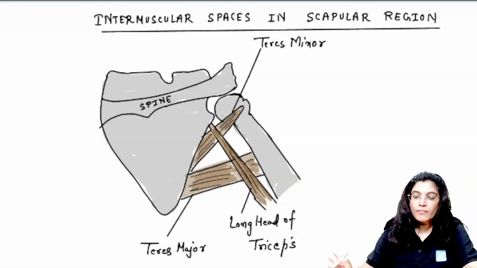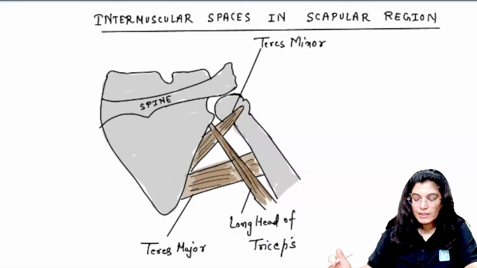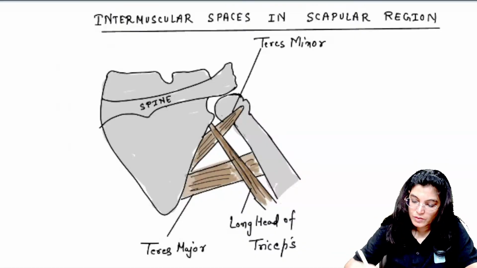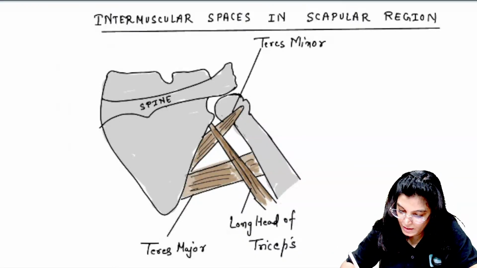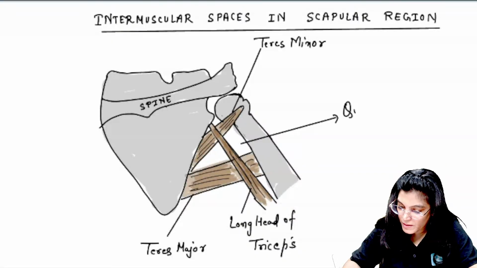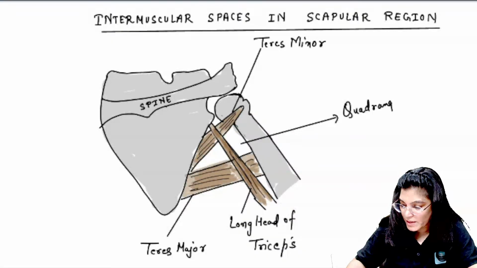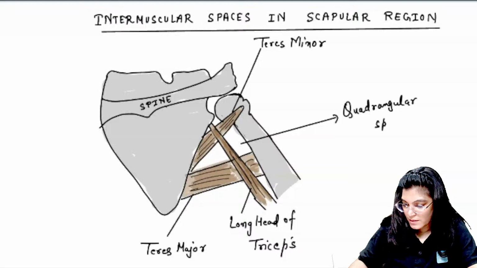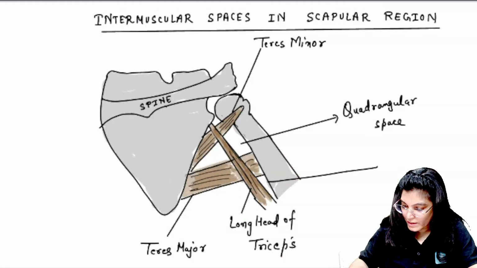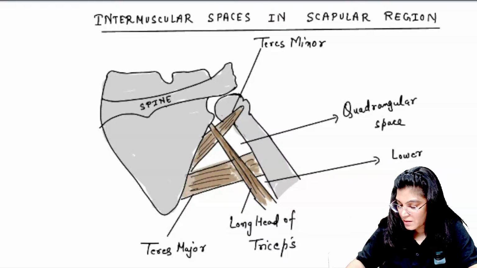Okay. Now, so we have got the spaces. You can also write: this is quadrangular space. This is the lower triangular space.